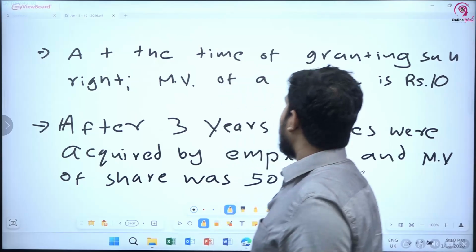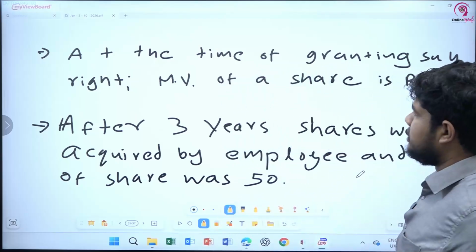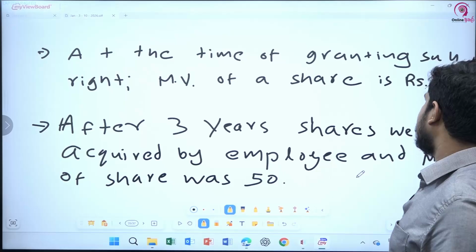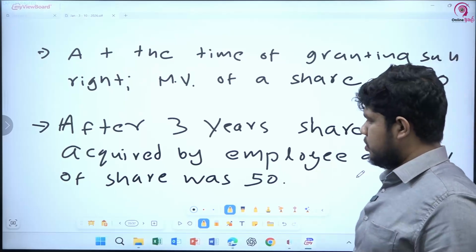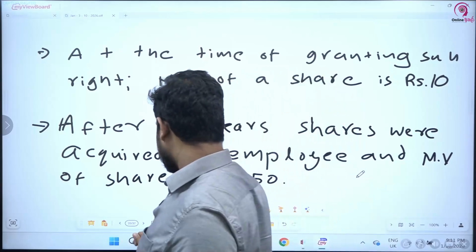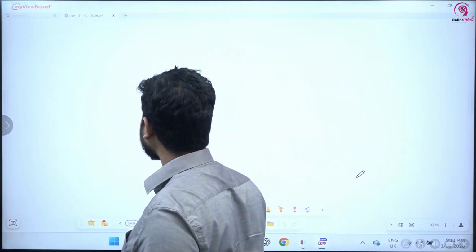At the time of granting such right, the market value of the share is rupees 10. So let's take those things into a note.